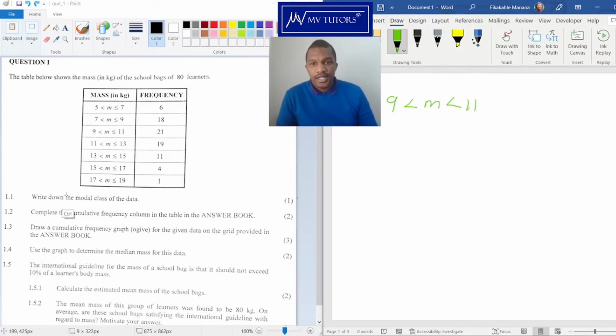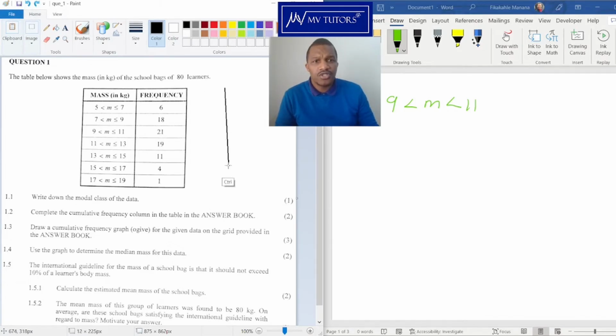The next question says complete the cumulative frequency column in the table on the answer book. Well, it's not there, so we're going to have to do our own.